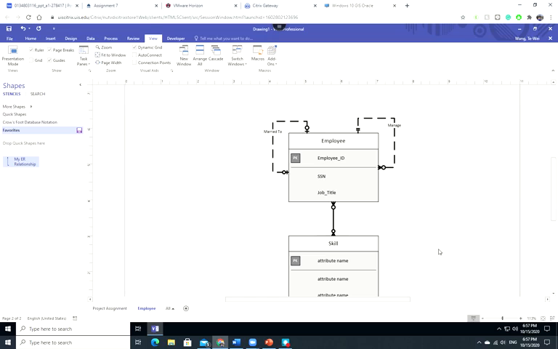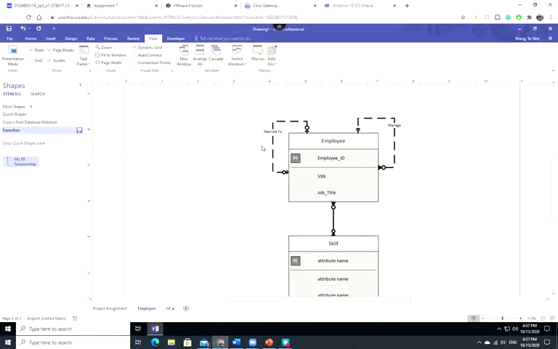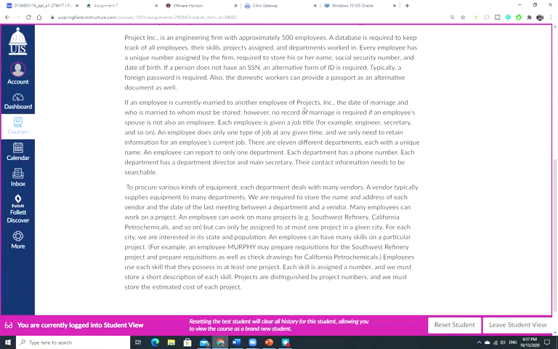And one of the challenges to you is that if you look at this marriage relationship, we already modeled the marriage relationship with this unary one-to-one relationship. But the requirement here says no record of the marriage is required if the employee is single.